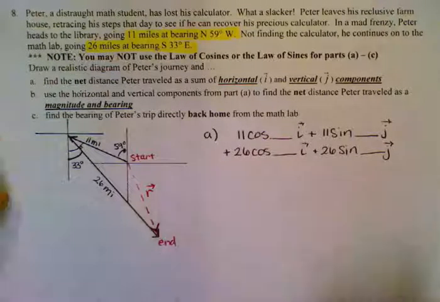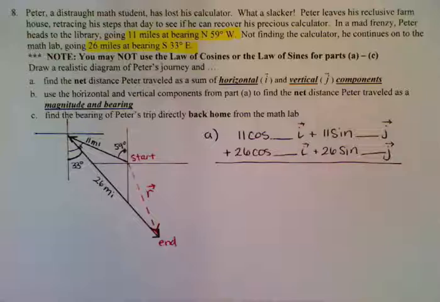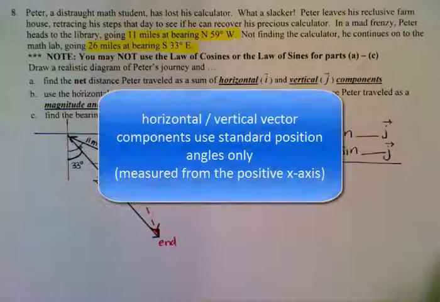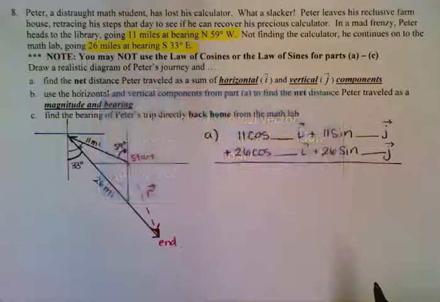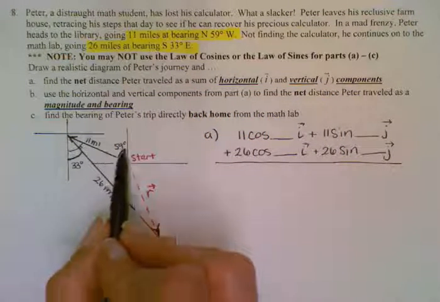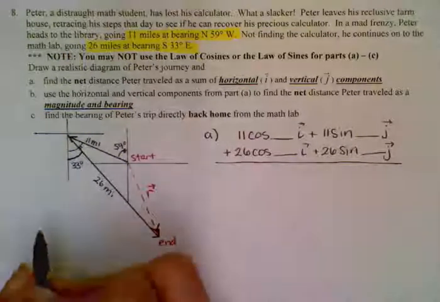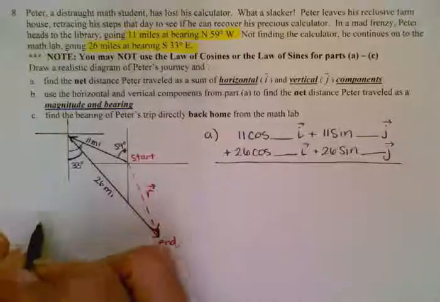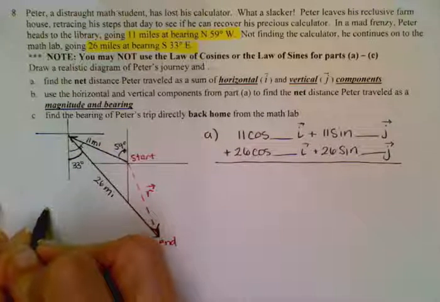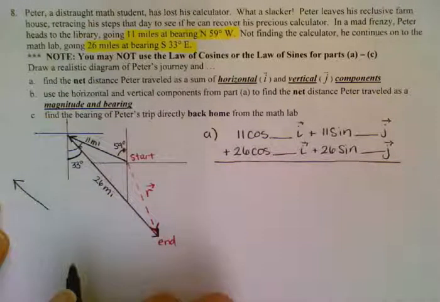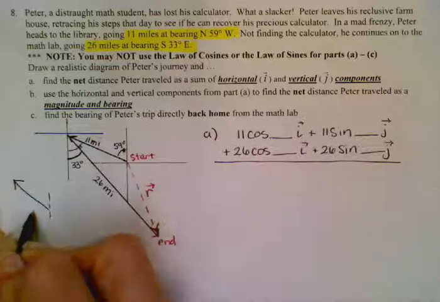When we're using our horizontal and vertical components, we have to use our standard position angle, theta. We can't use a bearing measure. So if we're looking at our first vector that we drew here, the 11 miles at 59 degrees, I'll draw that vector off to the side so I don't get in the way of the rest of the diagram.